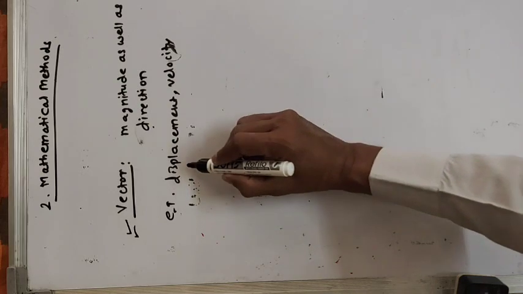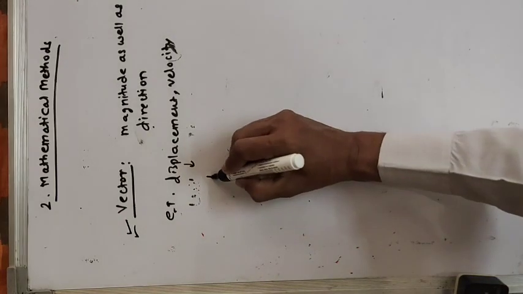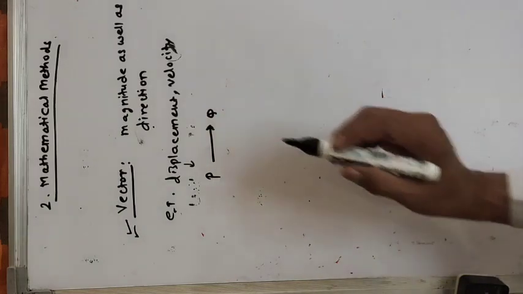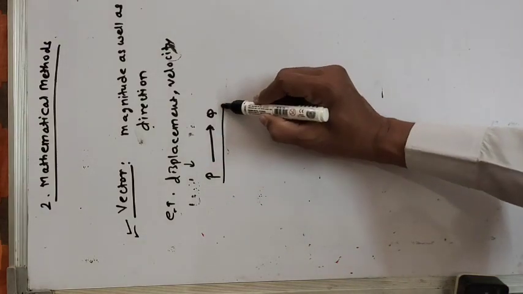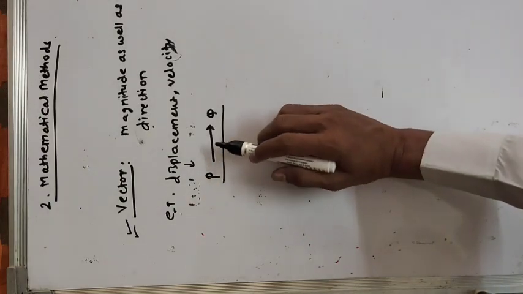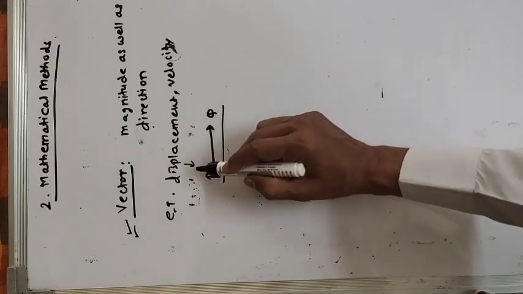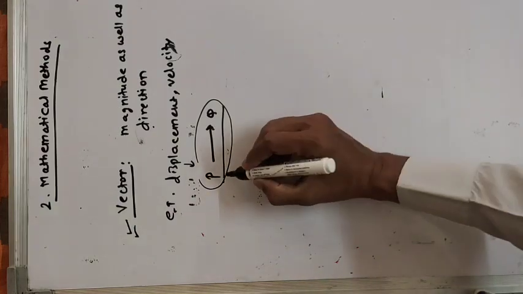Now consider the displacement. If a body is displaced from point P to Q, the initial position is P and the final position is Q, and the vector is represented like this, from P to Q. What is P?